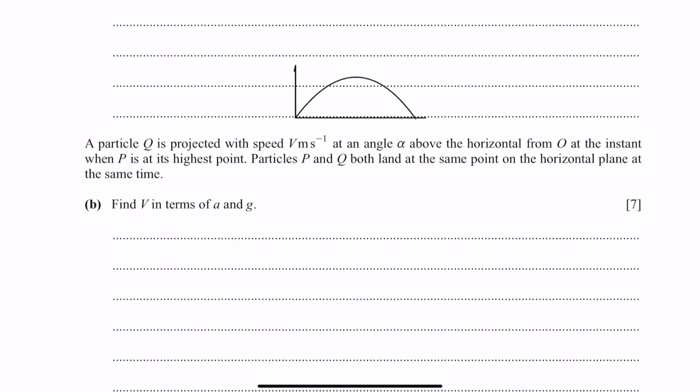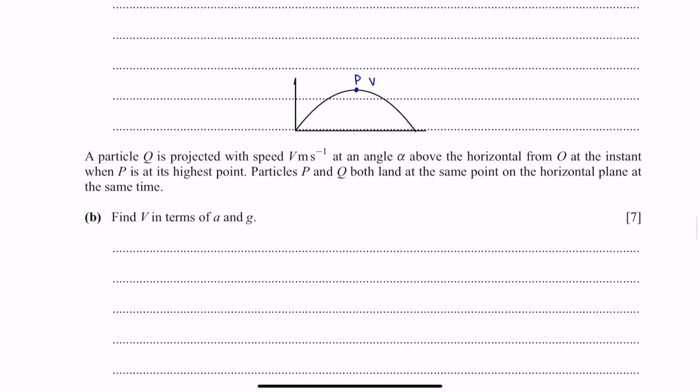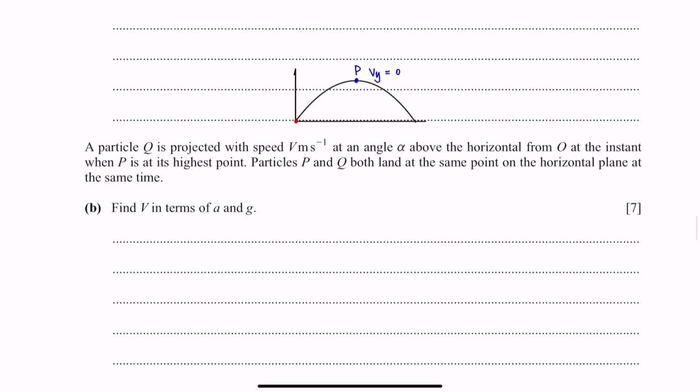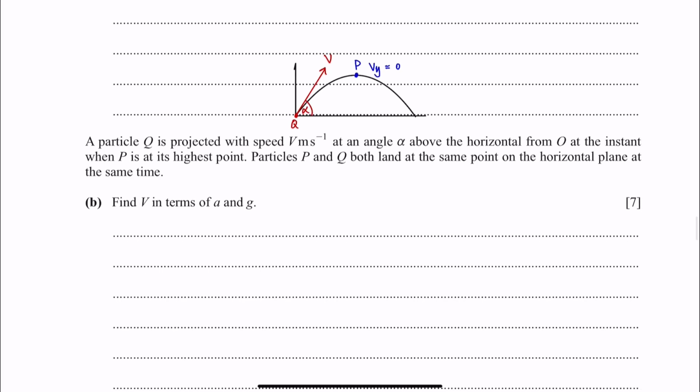When P is here, P is at its highest point where the vertical velocity is equal to 0. Q is at this point, being projected at speed v at an angle alpha.